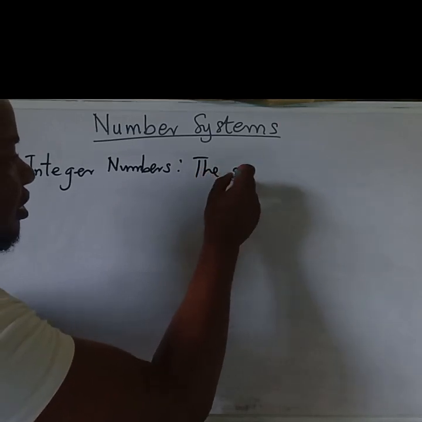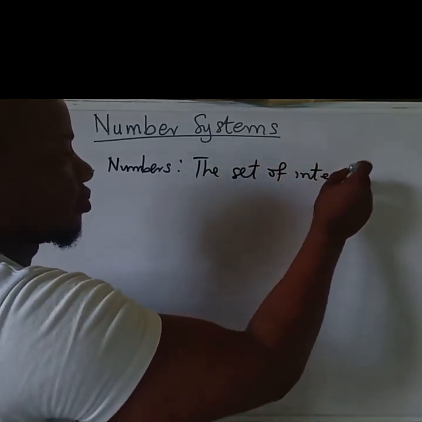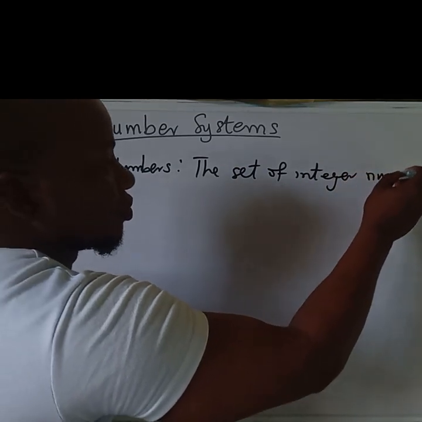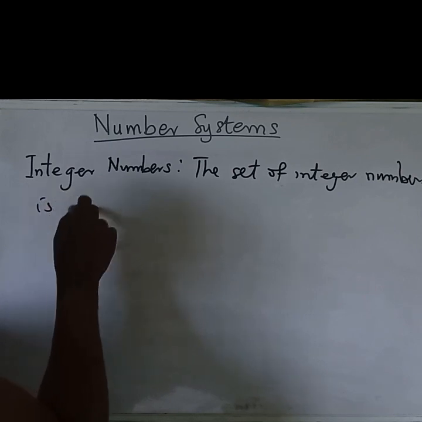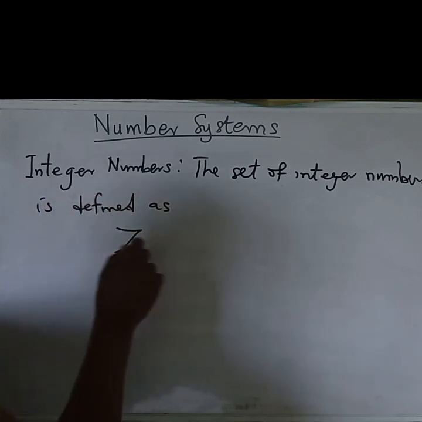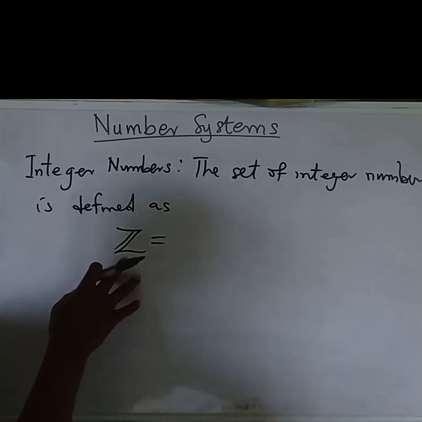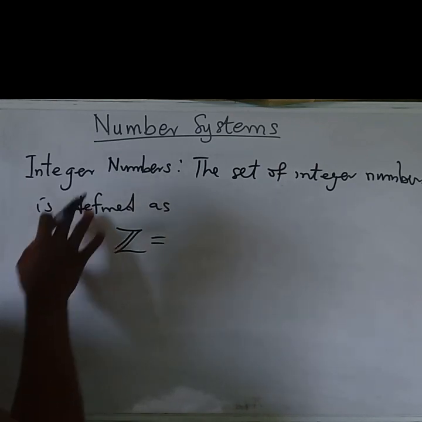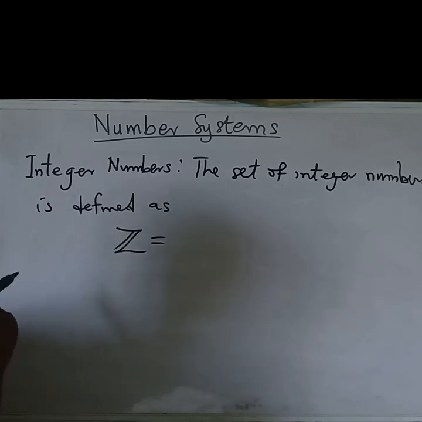So the set of integer numbers is defined as Z. As we have said, this symbol Z is a symbol for integer numbers, and it means whole number in the German word.